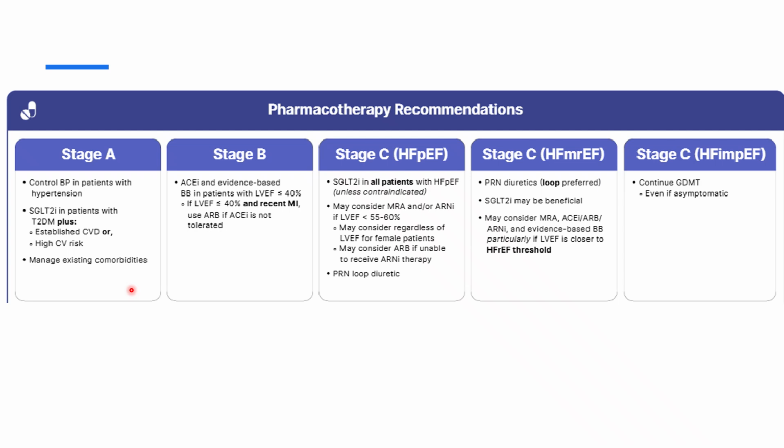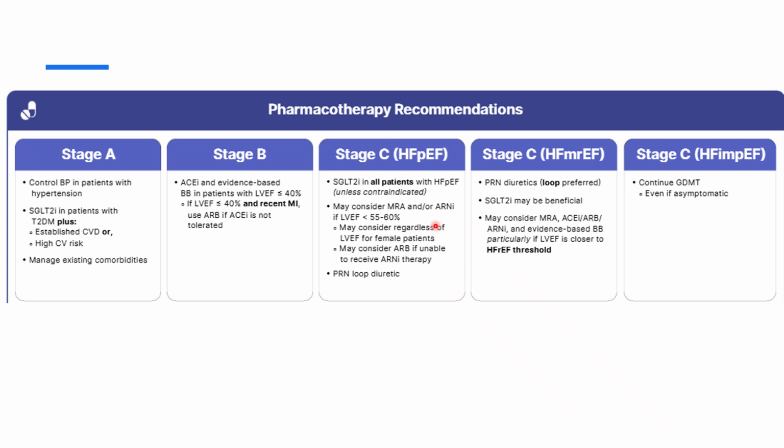Then stage B, ACE inhibitors and evidence-based beta blockers in patients with left ventricular ejection fraction of less than or equal to 40%, and recent MI. Use angiotensin receptor blockers if ACE inhibitors are not tolerated.